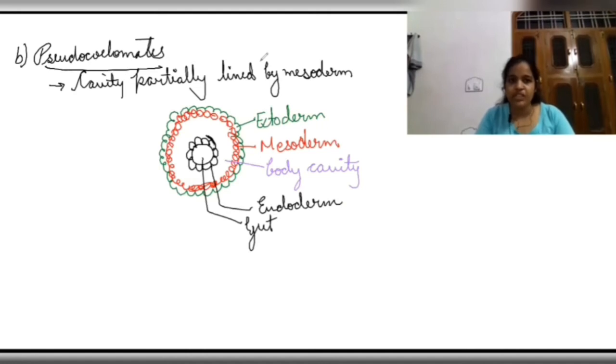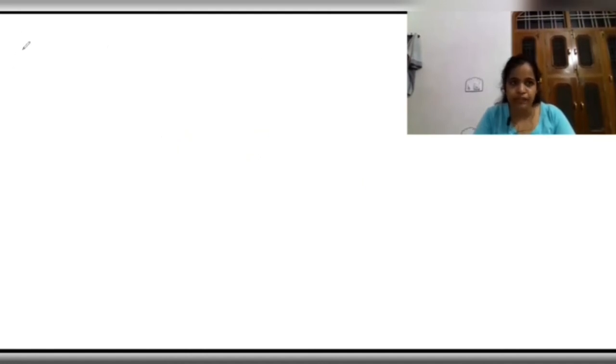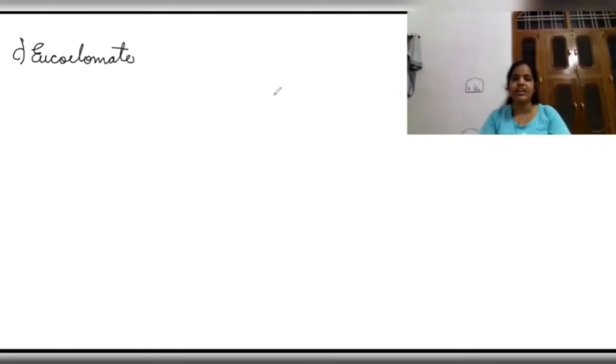Then we have C, or number 3 type of organisms, which are known as eucoelomates. Eucoelomates means they are true coelomates. They will have a true body cavity. So true body cavity means what? They will have the mesoderm lined on both the sides.